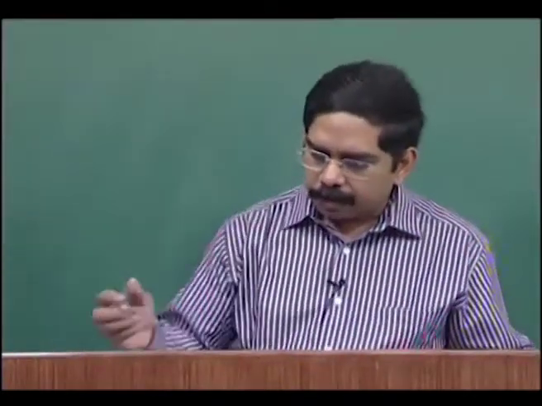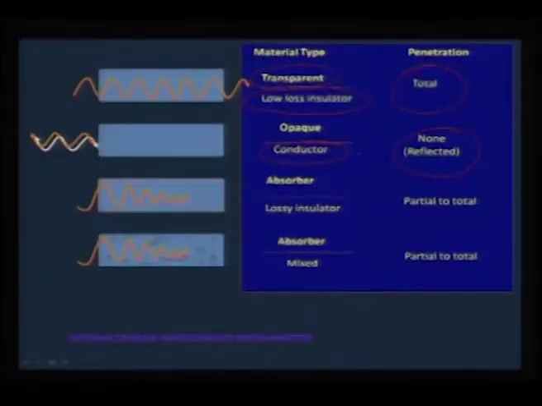Therefore, metal is opaque, and as far as the absorbers are concerned, lossy insulators can allow partially the microwave to go. As you would see, it propagates, but then it gets dampened, and therefore, the penetration is partial to total.